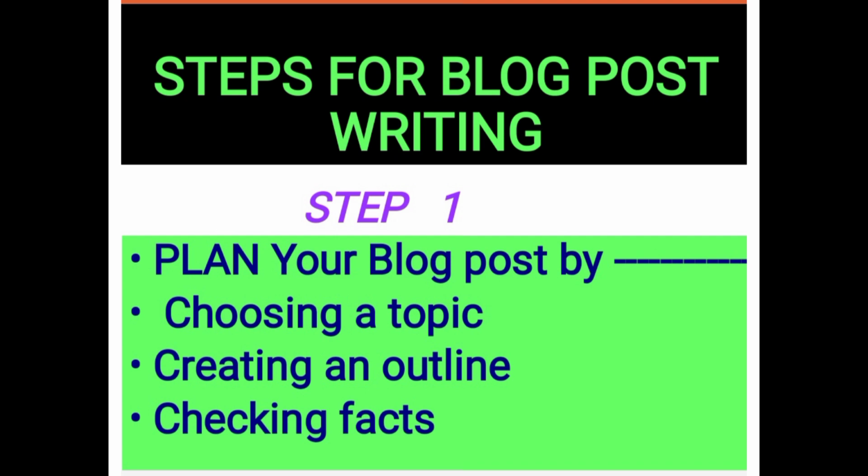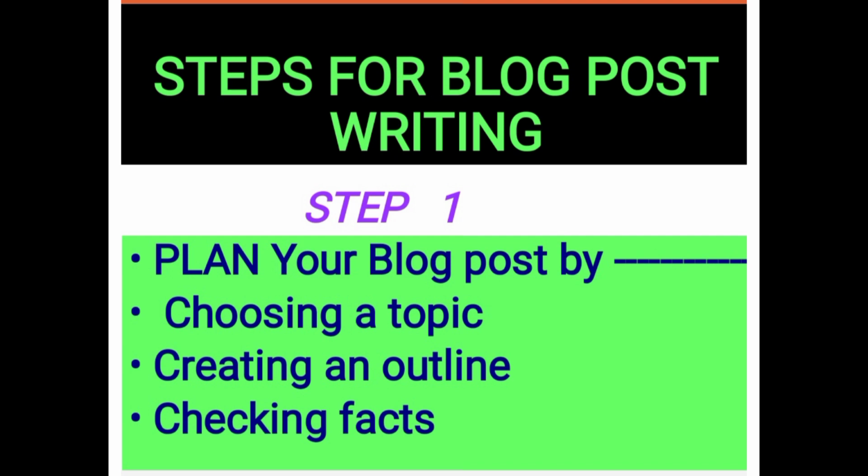The third one is creating an outline. Here outline means rough idea. It will help you keep the writer on track. The outline should not be lengthy or even detailed. For example, suppose you are going to write your blog on the environment, what could be the outline?